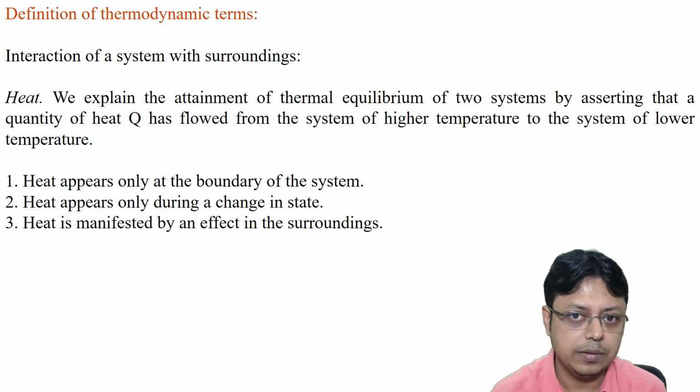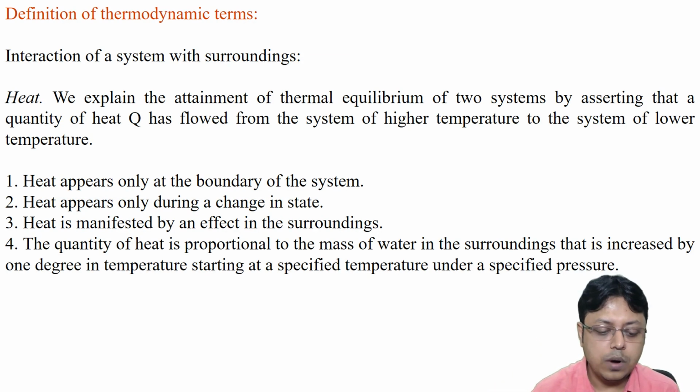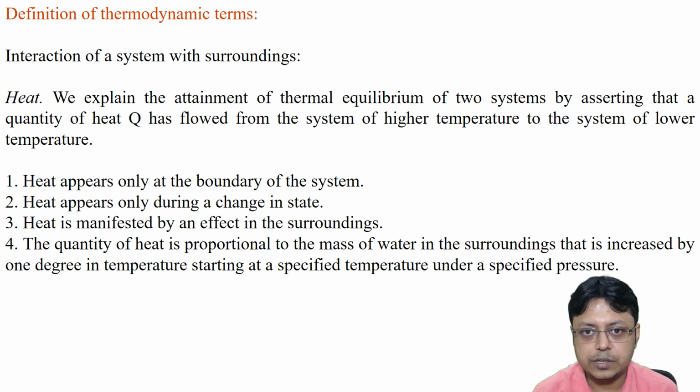and that is what we mean when we say that heat is manifested by an effect in the surrounding. Number 4 is that the quantity of heat is proportional to the mass of water in the surroundings that is increased by 1 degree in temperature, starting at a specific temperature under a specified pressure. Now this you have studied, how much heat you need to raise the temperature of water.